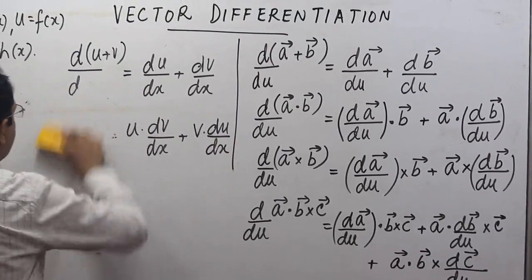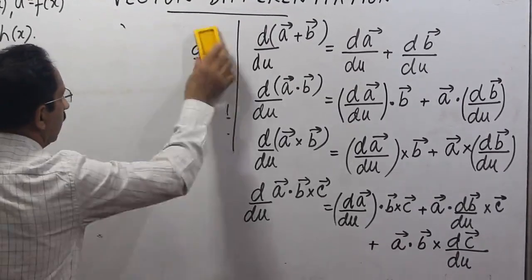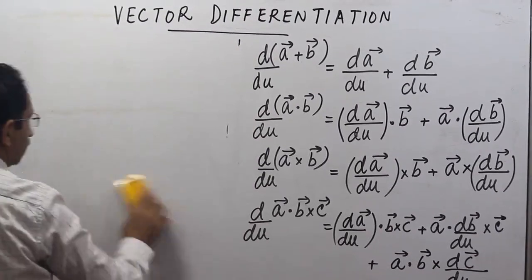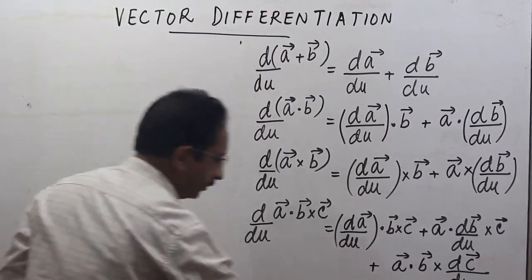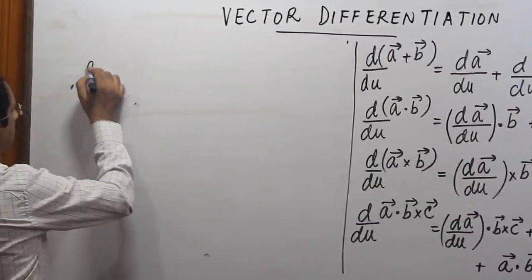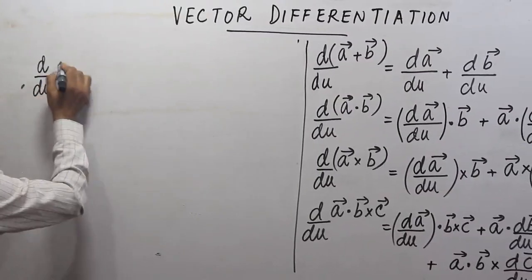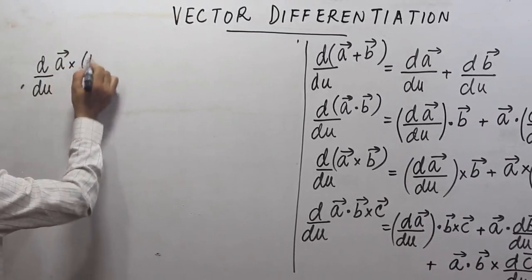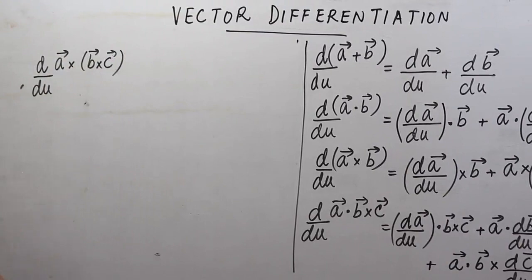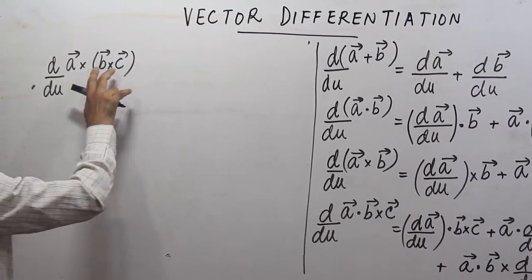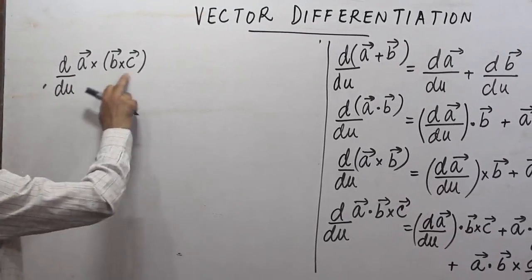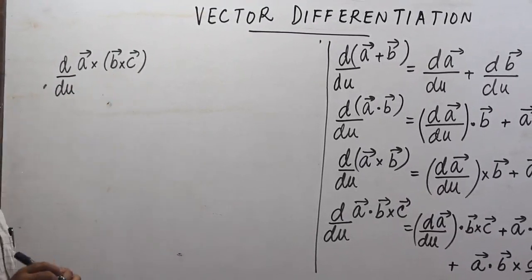Similarly, we can have a formula for derivative of the vector triple product of vectors, that is a cross b cross c. So the result will be like this, that if it is d over du of a cross b cross c, here it is significant that we have to first define which of these two cross products is to be taken. तो जो ये bracket में term है, this cross product must precede.